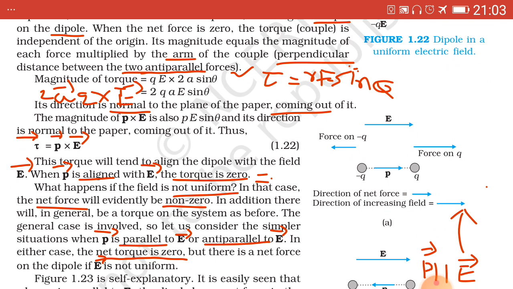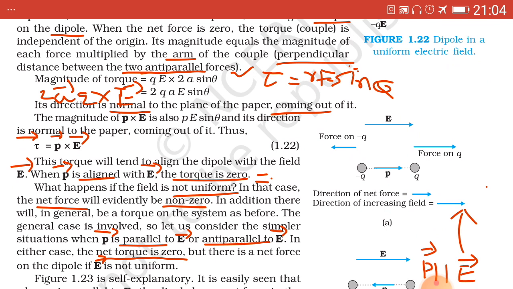Therefore the magnitude of tau vector, tau, equals pE sin theta, or also you can write Ep sin theta. Similarly, from the magnitude, the vector form can be written as vector tau equal to small p vector cross capital E vector, cross product.